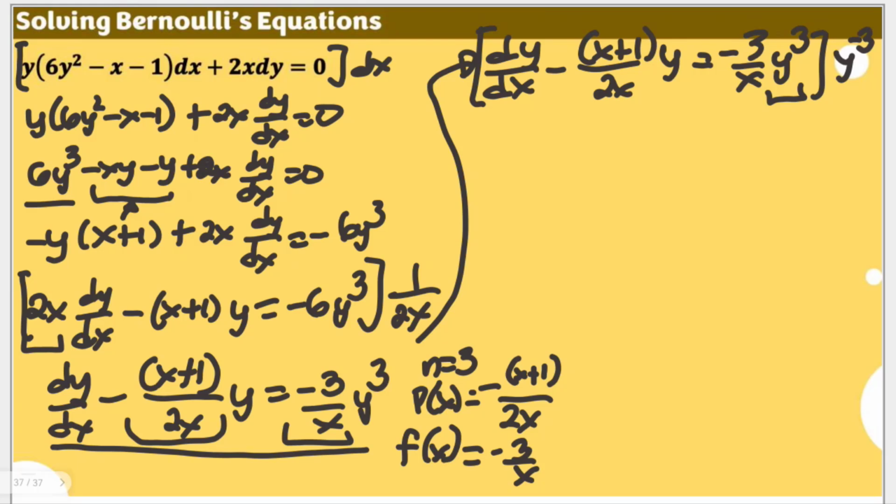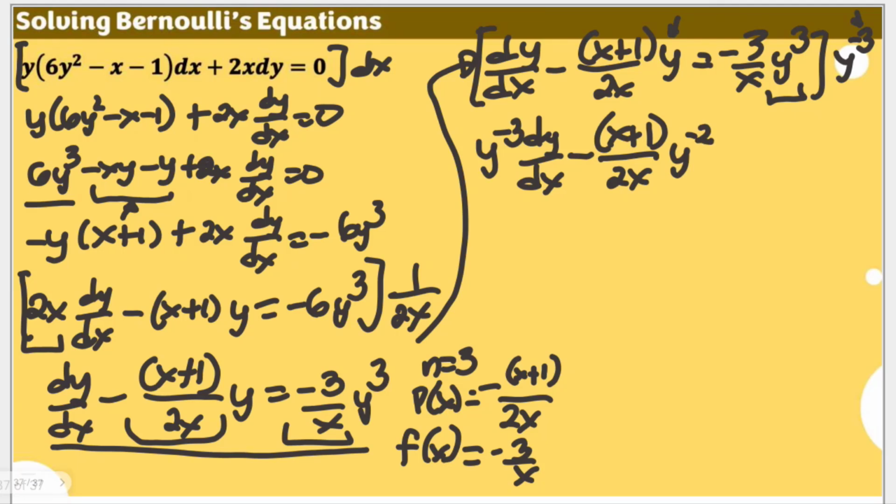That's the first step. So you have y to the power of negative 3 dy over dx minus the same x plus 1 over 2x, but this y times y to the power of negative 3, following the laws of exponents, so add them. 1 minus 3 is negative 2, and you have your negative 3 over x.